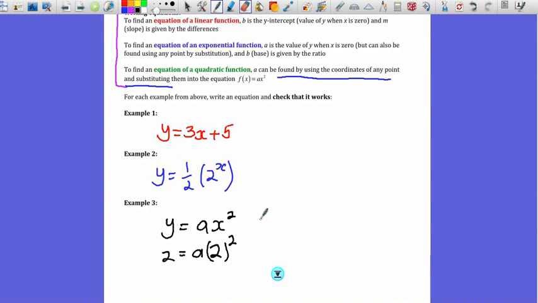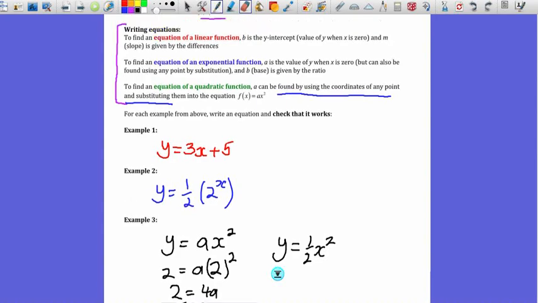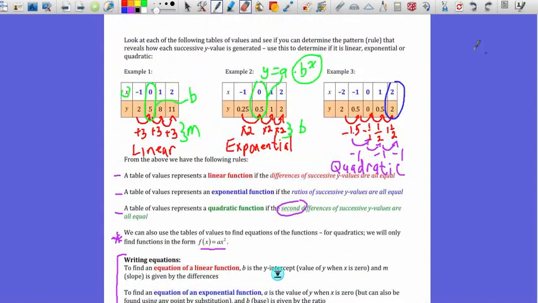We selected the point 2, 2. And what we're going to end up with is 2 equals 4a, and therefore we have a equal to 2 divided by 4, or 1/2, or 0.5, and so we can write our equation as y equals 1/2 x squared.